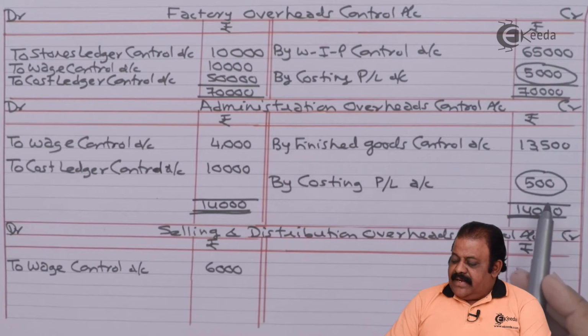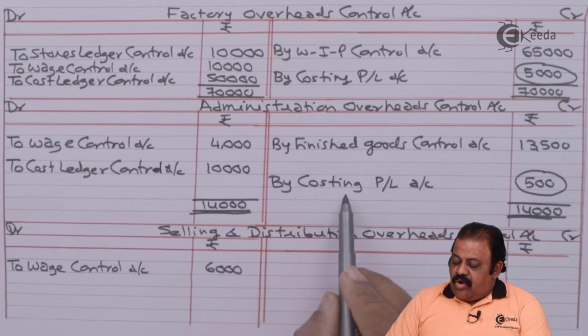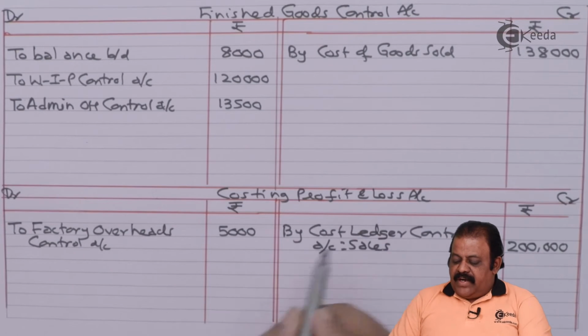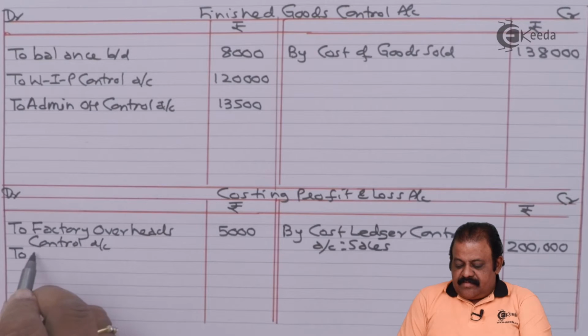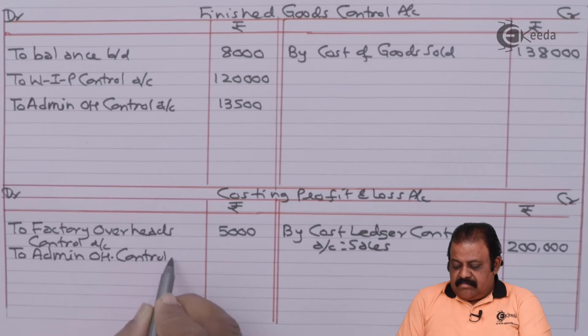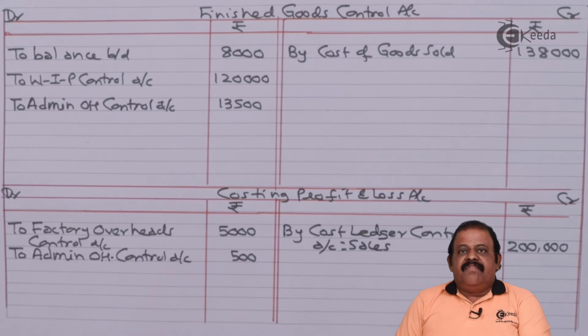Administration overheads, we are getting balancing figure on credit side, will be transferred to costing profit and loss account, rupees 500. Costing profit and loss account debit side, to administration overheads control account 500.